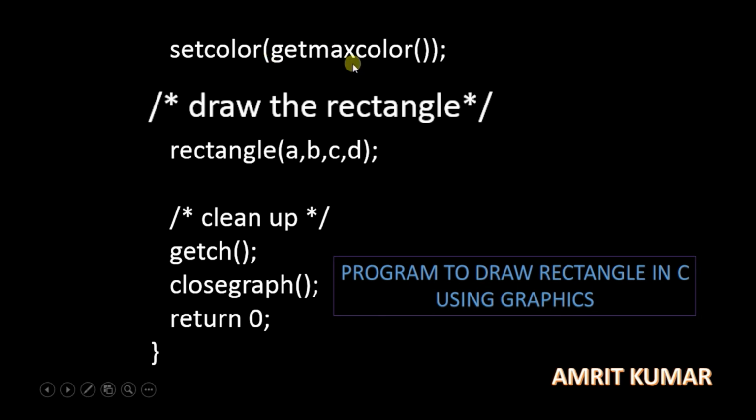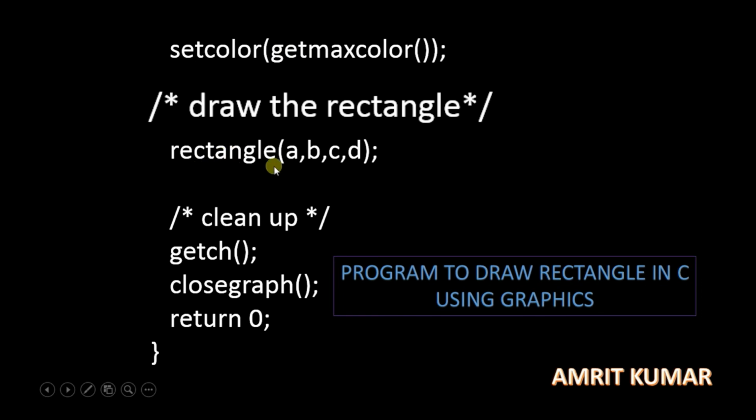So it is going to give you the maximum of the color, which is based on the contrast rating. It depends on the C language. Okay, so this is a predefined function that is going to be set here.